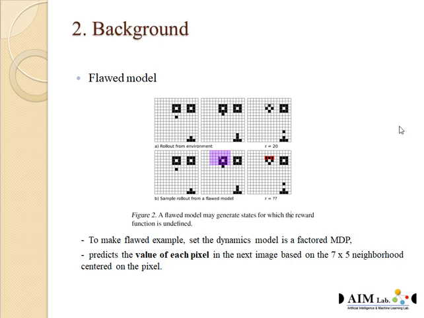So it made a flawed model, in which the dynamics model is a factored MDP, and the next pixel of the screen is determined by the environment or neighborhood of the pixel. So when the information is not in the neighborhood, it cannot update correctly.